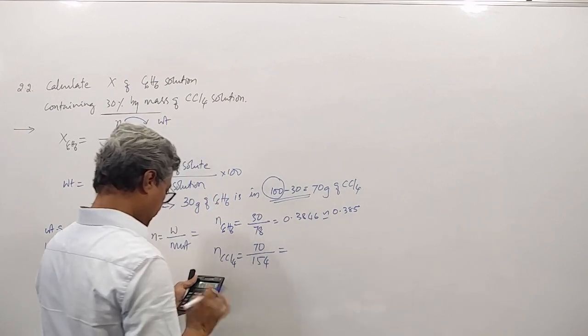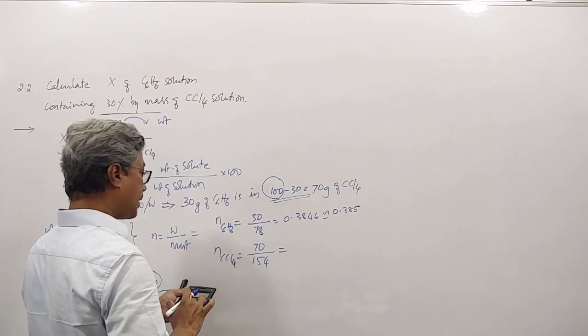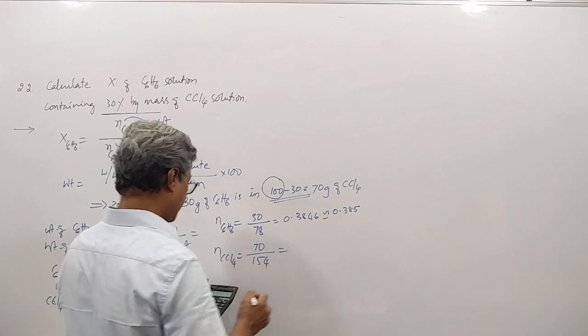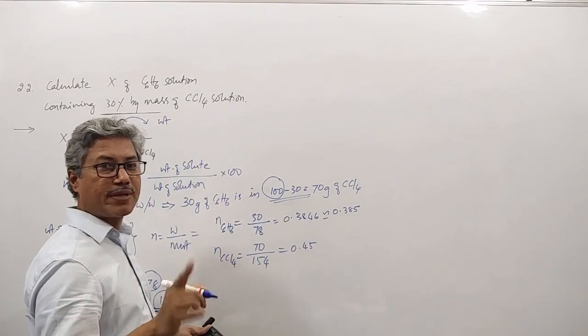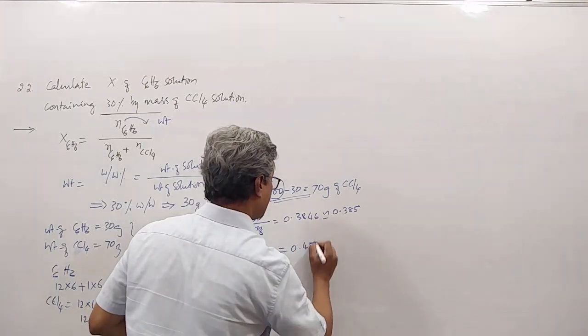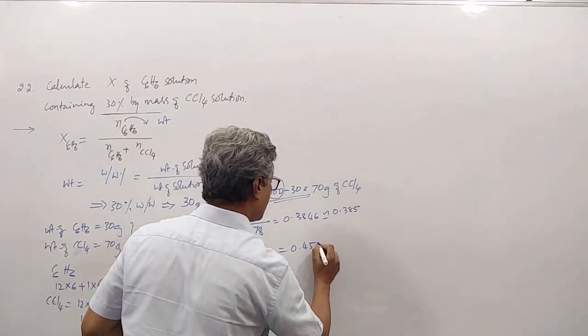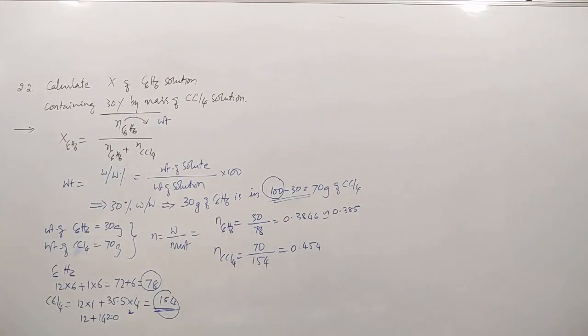And 70 divided by 154 is 0.454545, we can take it as 0.454. Okay, these are number of moles.